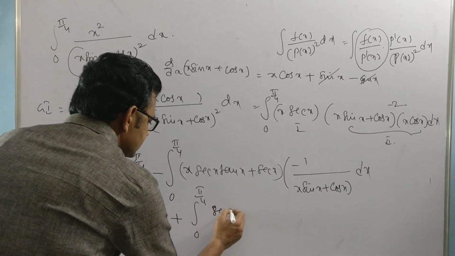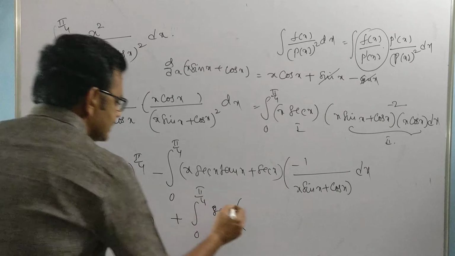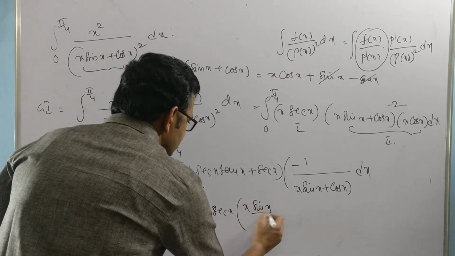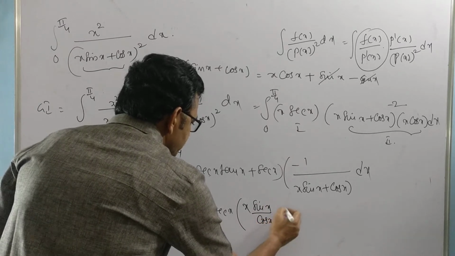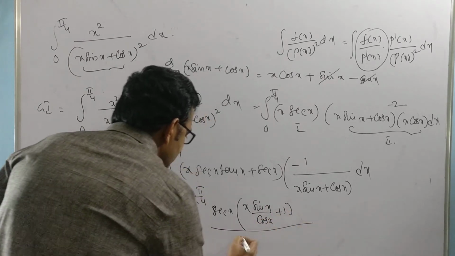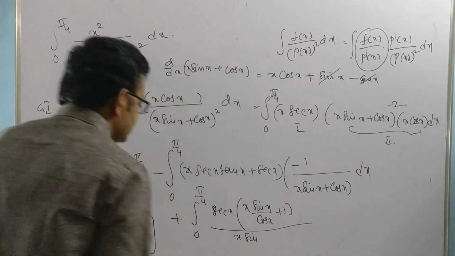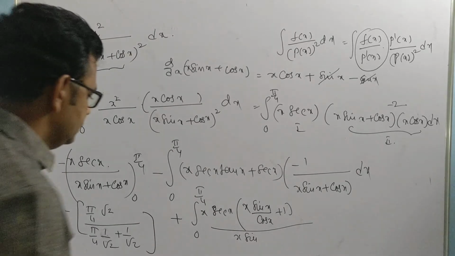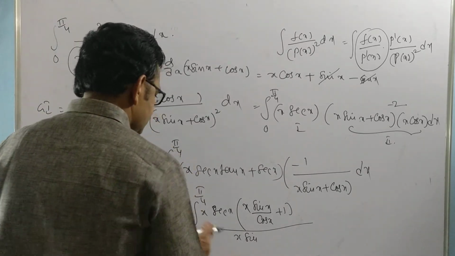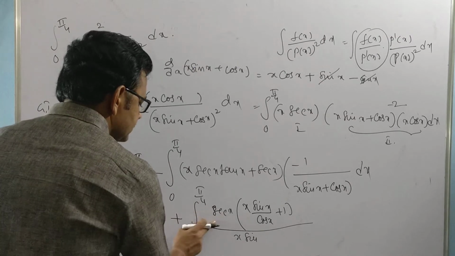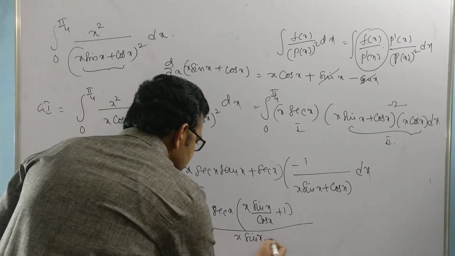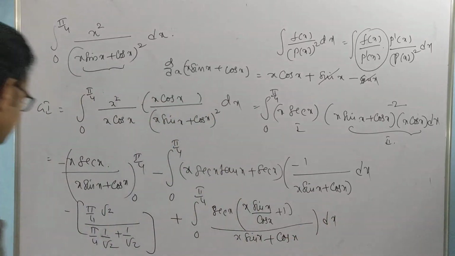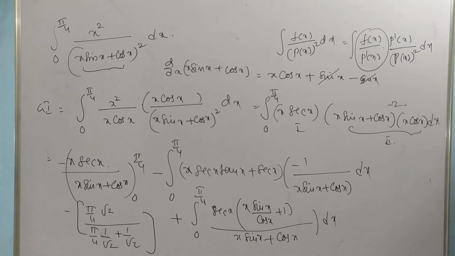So this is secant x taking common, x into sin x by cos x plus 1, by x sin x plus cos x dx. The x is not necessary, only secant x has to be taken common. Okay, just write it down.